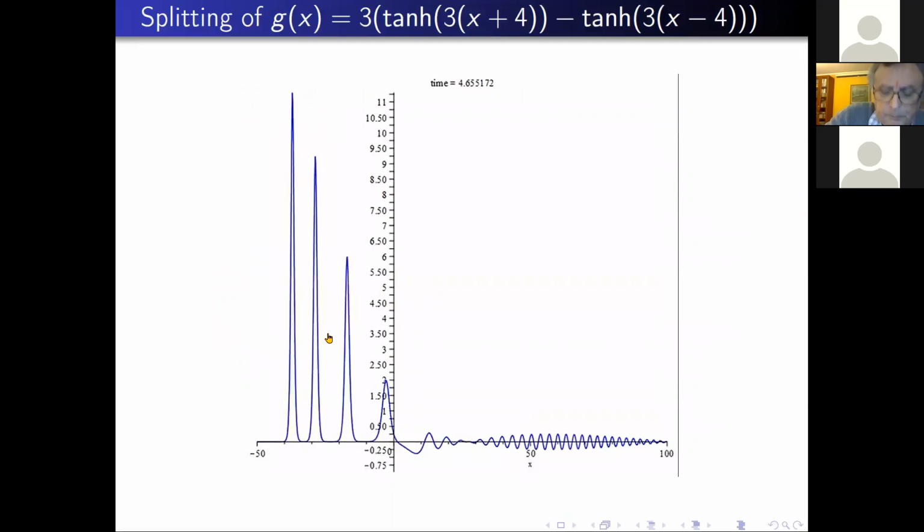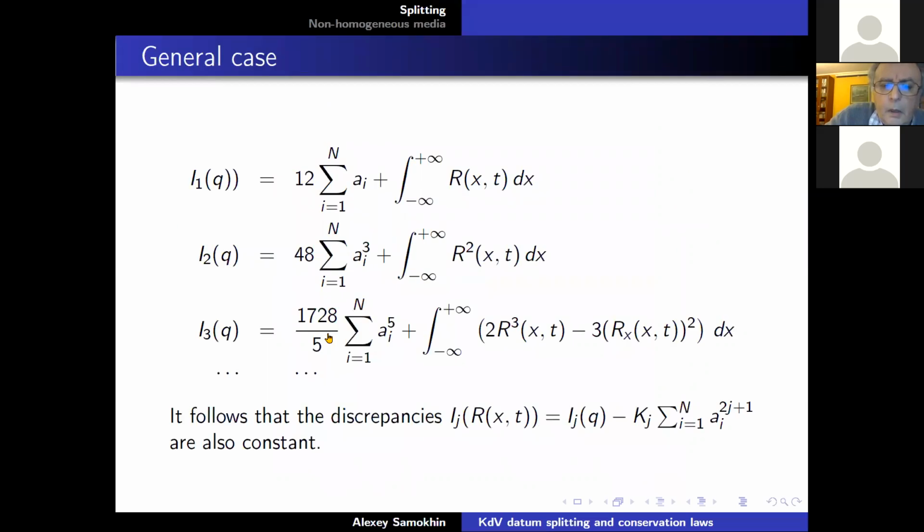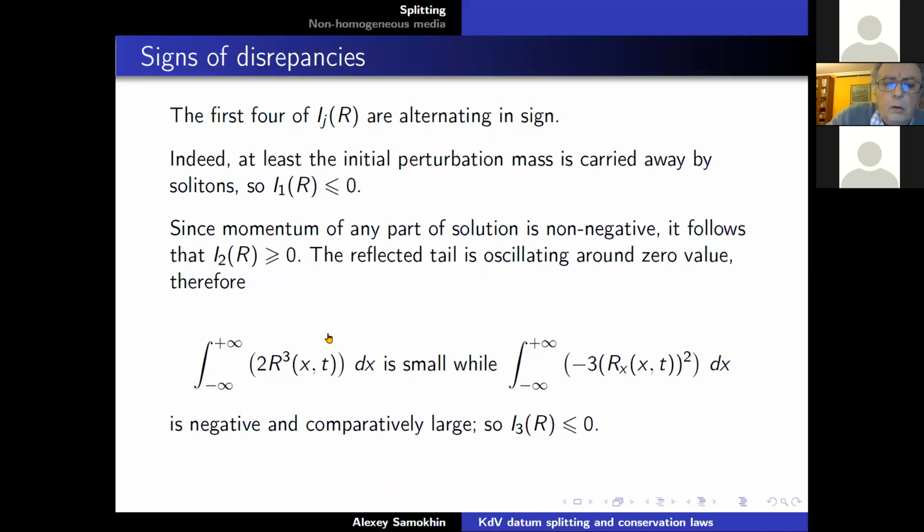Therefore, this is small because for every positive hump, there is a negative hump.